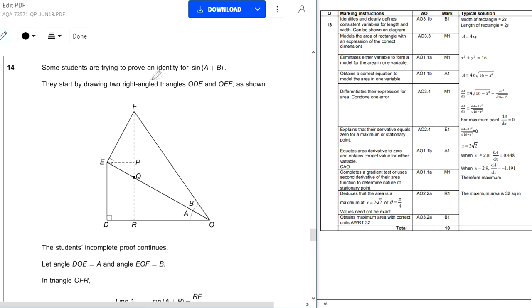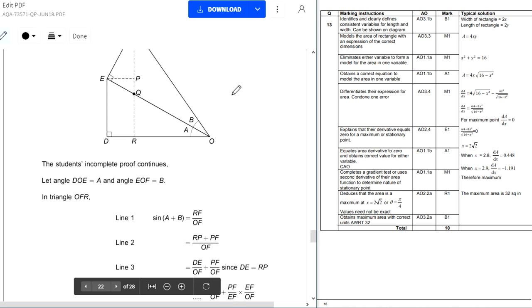Some students are trying to prove the identity for sine A plus B. They start off by drawing two right angle triangles. The student's incomplete proof continues.